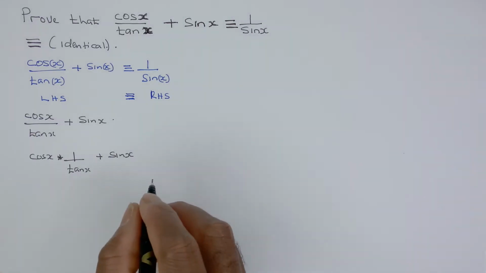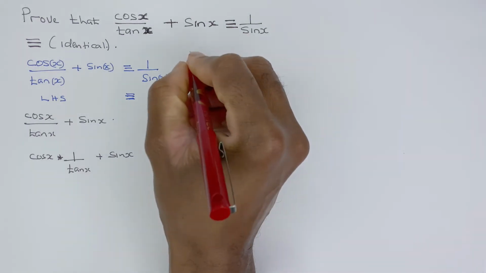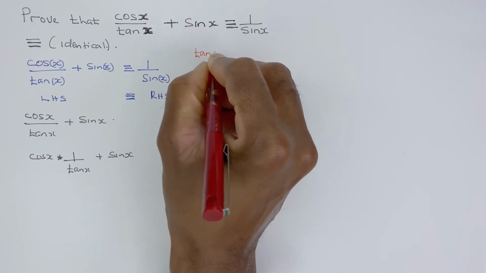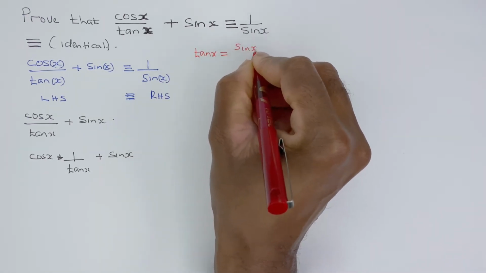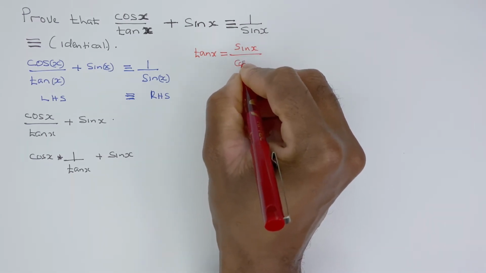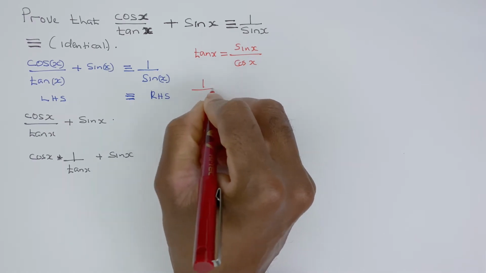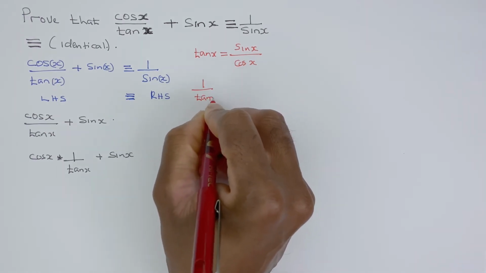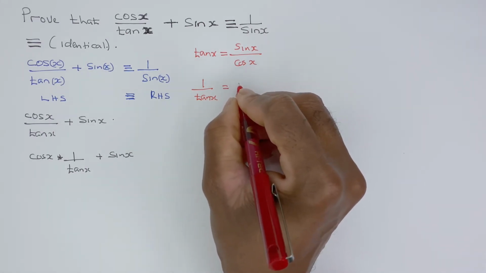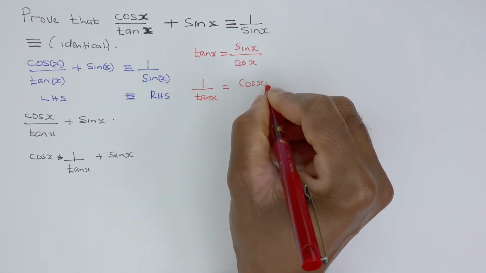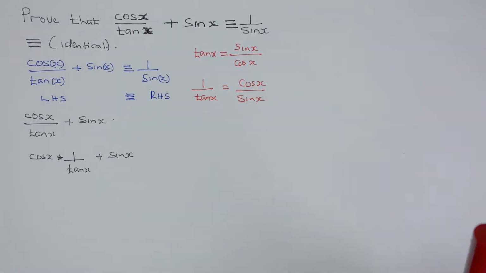So I'm working on the left hand side. Now, may I just remind you that tan of x is sine of x over cosine of x, and therefore 1 over tan of x will be cosine of x over sine of x.